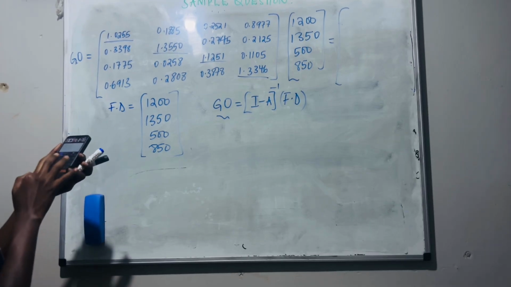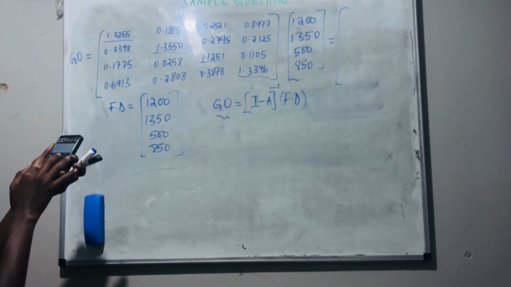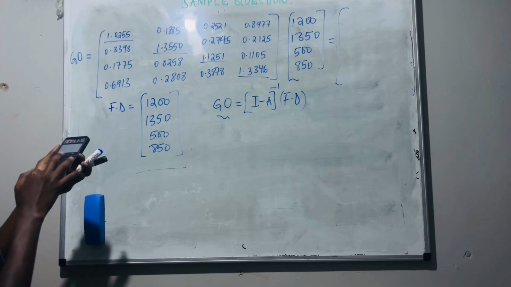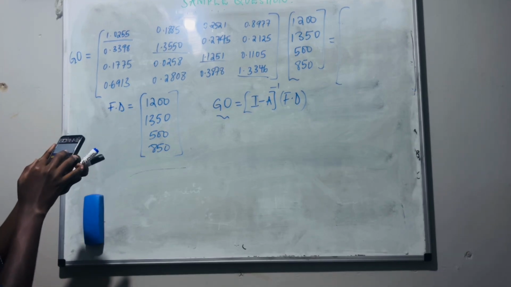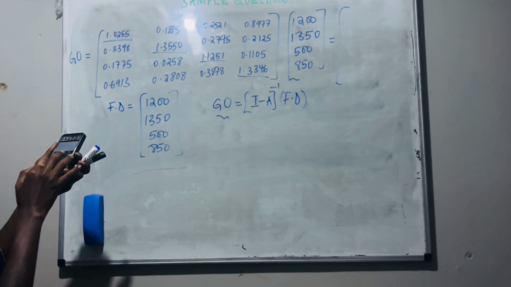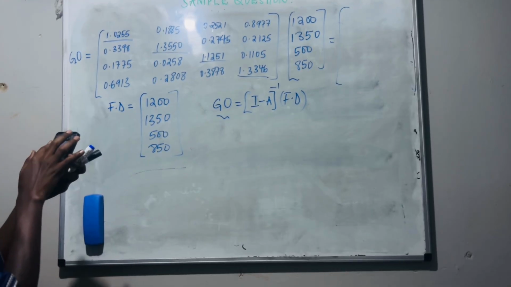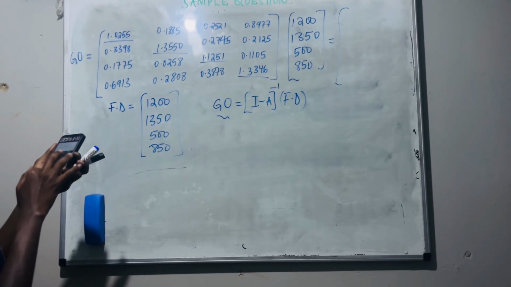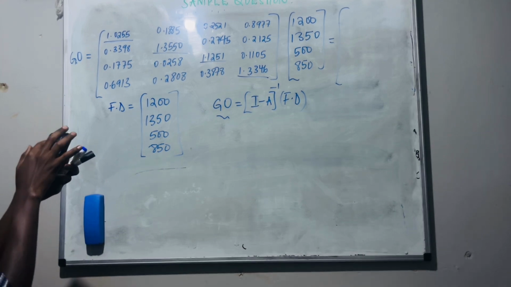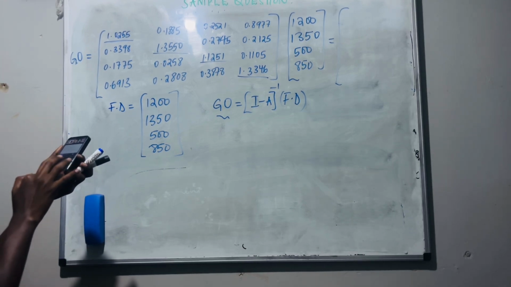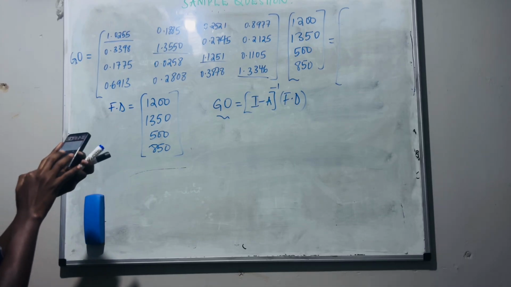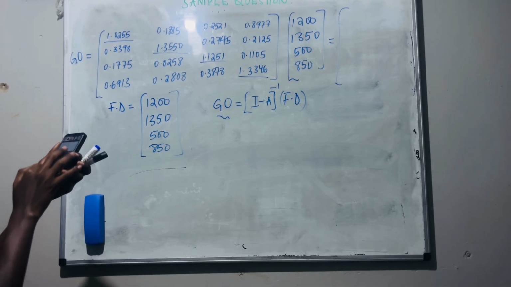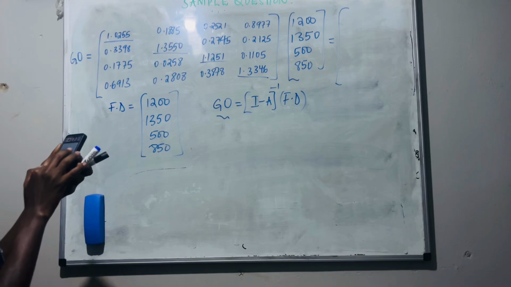Then 0.1885, 1.3550, 0.0258, 0.2808. Then 0.2521, 0.2745.